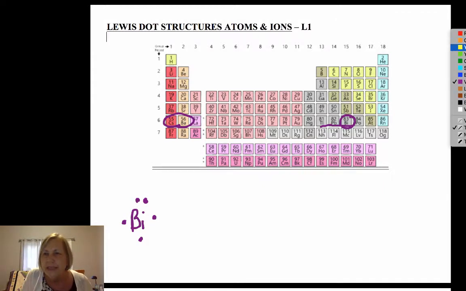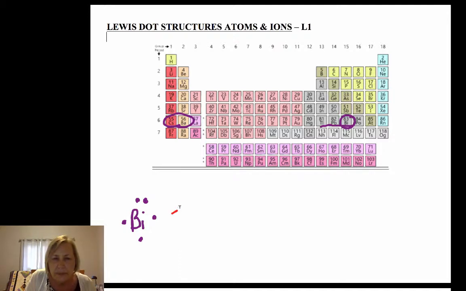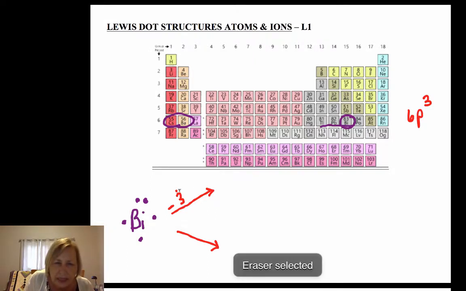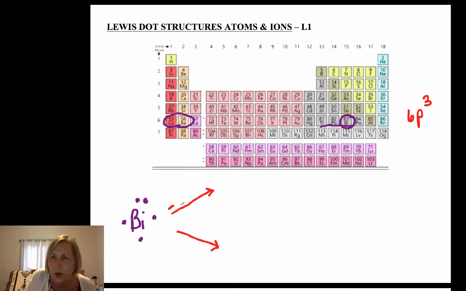Why bismuth is tricky is that bismuth can form two ions. In the first one, it will lose those 3 p electrons.